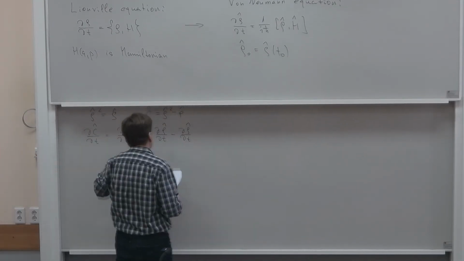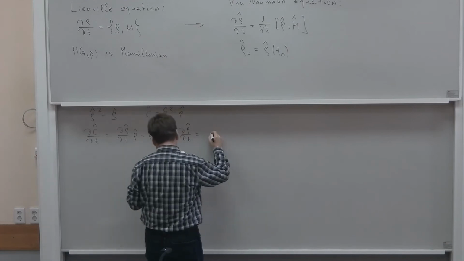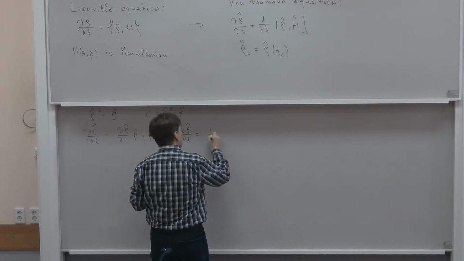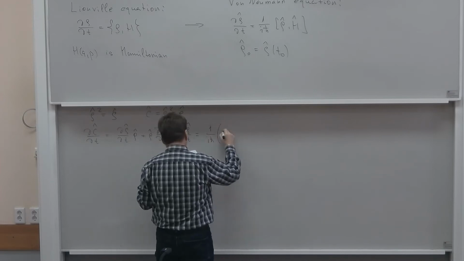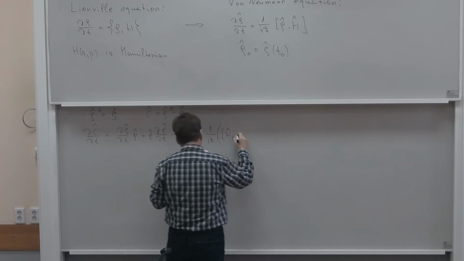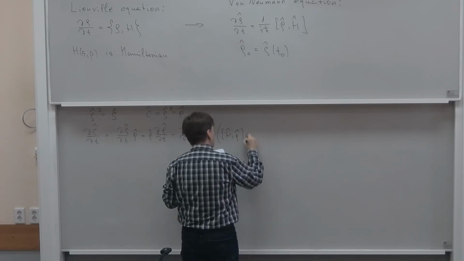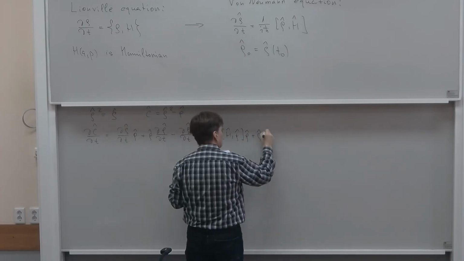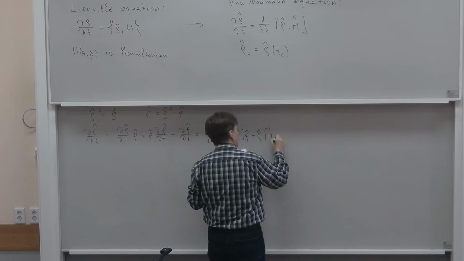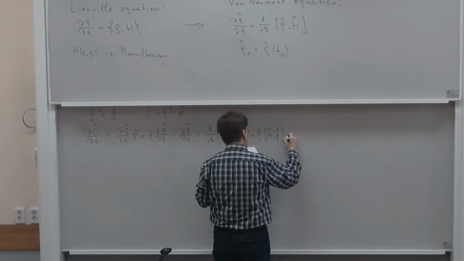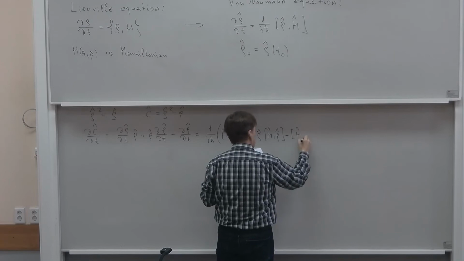proceed as follows. This is given by 1 over i h bar, the commutator of H with rho, times rho plus rho times H rho minus H rho.